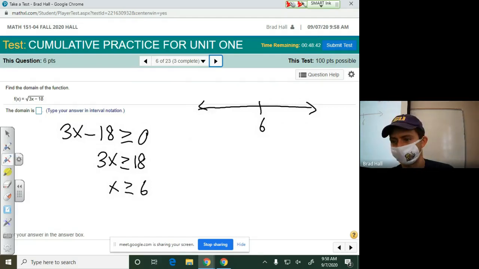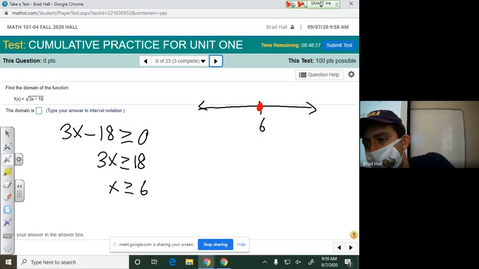So I plot 6 because 6 is part of our inequality. We are including 6 because there's an equal to sign, and we want to be larger than 6 as well. So values larger than 6, 7, 8, 9, 10, stuff on this side.